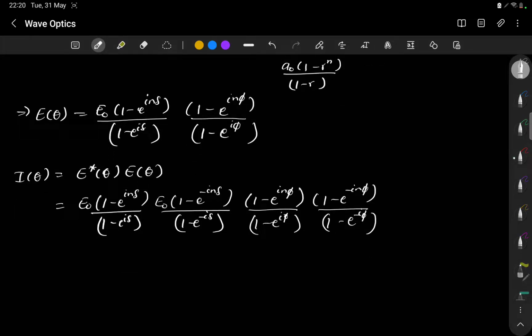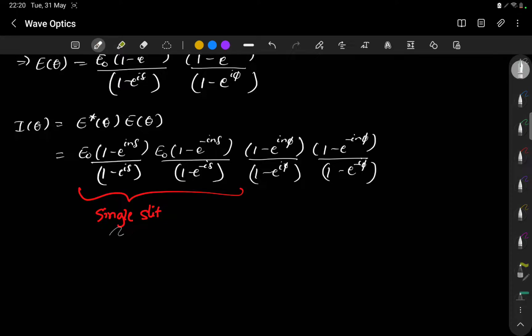Now in this term is the single slit intensity. So we can directly write this to be this, as we saw in the previous videos. This is some constant times sine squared alpha over alpha squared, where alpha is as follows. This we saw in one of the previous videos on single slit.